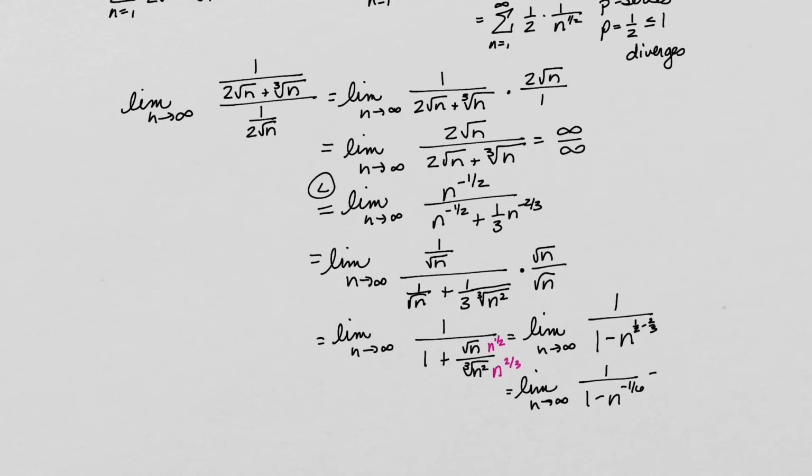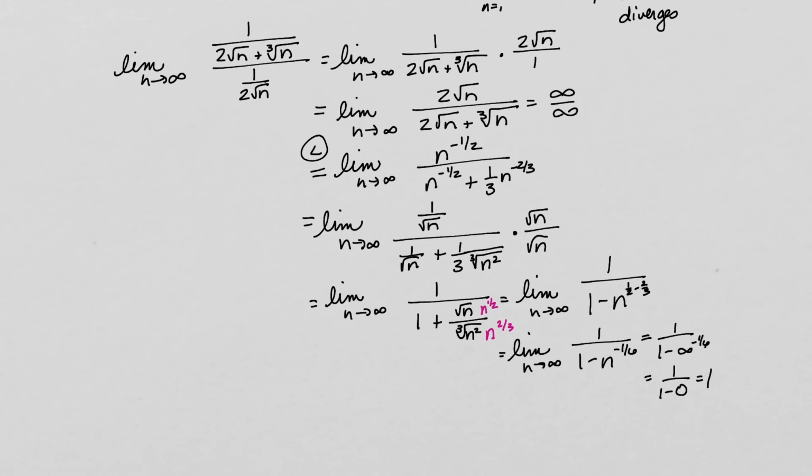And if I plug in infinity now, I'm going to have 1 over 1 plus infinity to the -1/6. So we're just going to have 1 over 1 plus 0, or 1, and 1 is positive and finite, so that means both series diverge.